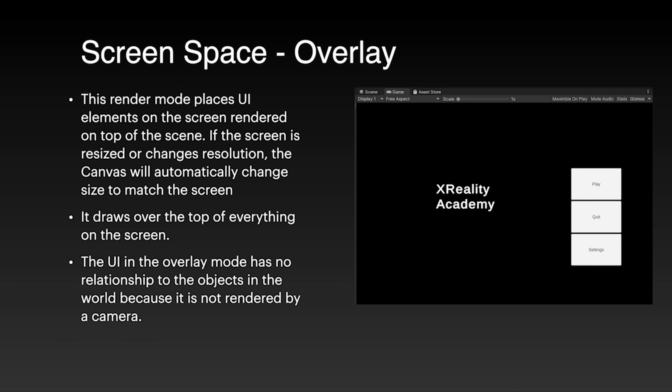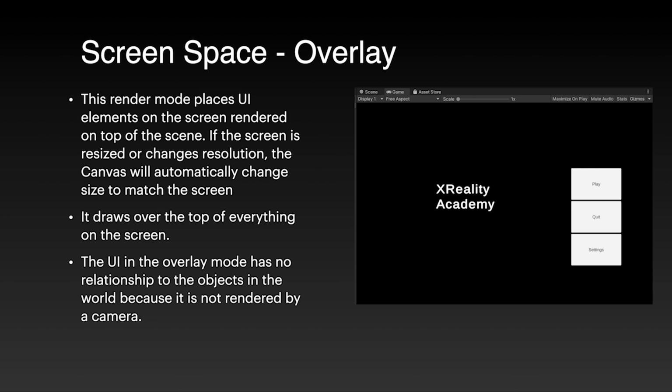Yeah, so this screen space overlay is very good for filling the entire screen, and the only thing you need to do is interact with the screen. It draws over the top of everything on the screen. So this will be on the top because it's rendered by the screen. And the UI in the overlay mode has no relationship to the objects in the world because it's not rendered by a camera.